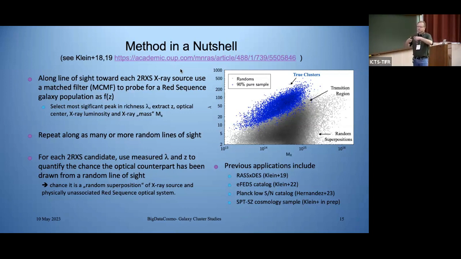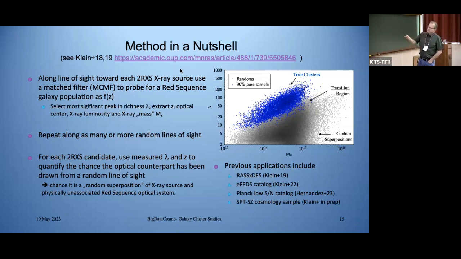And then what we do is we throw out all of the ones that are low significance, let's say, that are likely to be a chance superposition, and that threshold can be tuned. And we have tuned it to create a 10% contaminated sample, 5% and 1%.